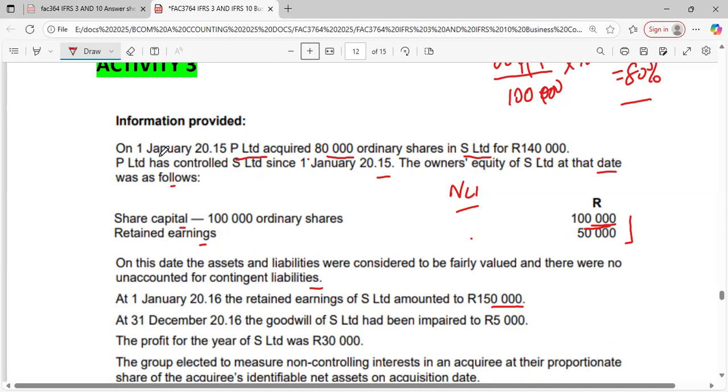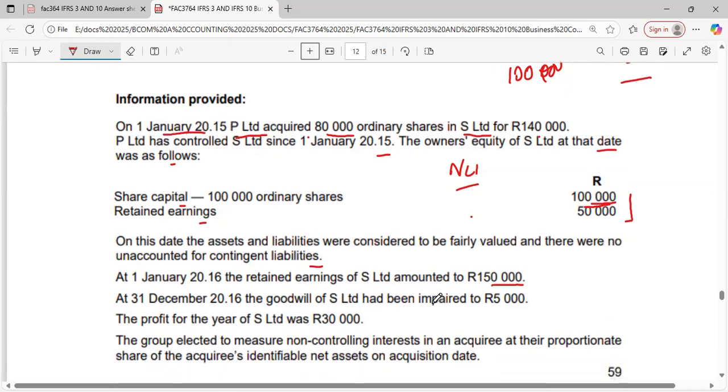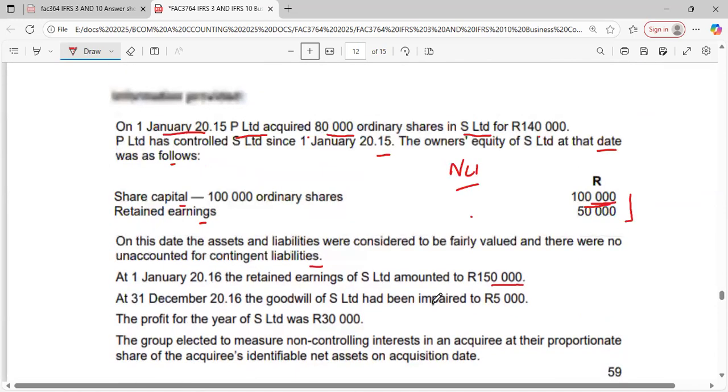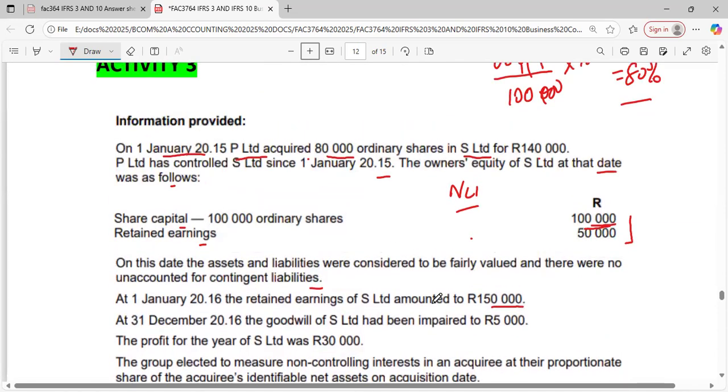You can see the date of acquisition is 1 January 2015 and the date of consolidation, let's check, is 31 December 2016. The date of acquisition and the date of consolidation are different, so there was trading after acquisition here.